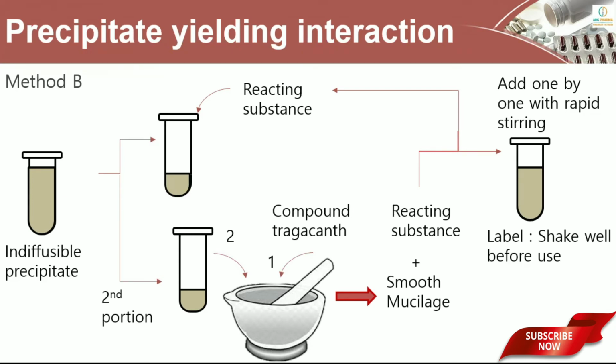And we need to add the other reacting substances into the smooth mucilage and mix well. Then we mix the two portions by slowly adding one portion to the other portion with rapid stirring. Finally, a secondary label, shake well before use, should be fixed on the container.